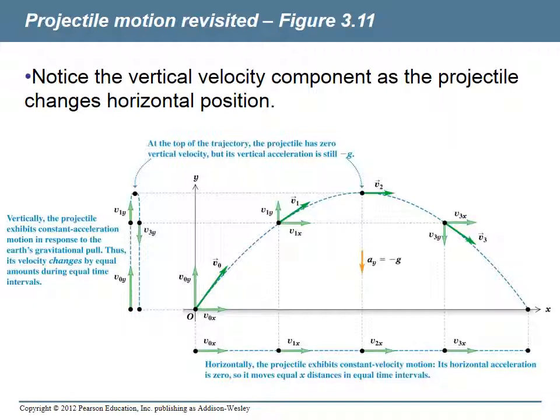I kick it, and then it moves up, and it's being accelerated downward at a rate of 9.8 meters per second squared. The acceleration is negative because it's downward, and I said that positive is upward, so the acceleration is a negative g. G represents gravity. So it's being accelerated downward.